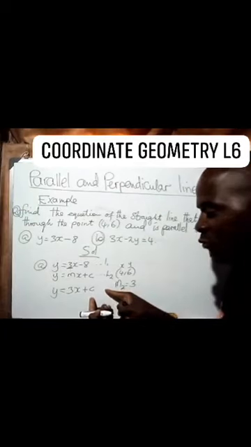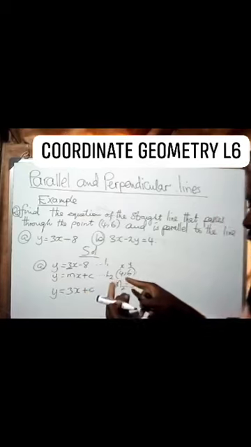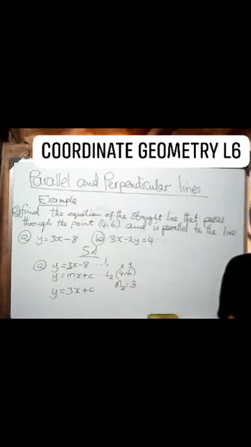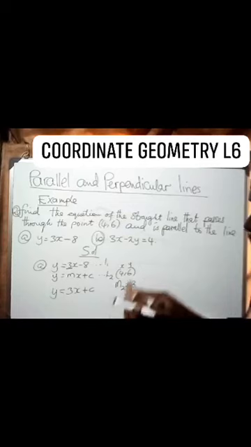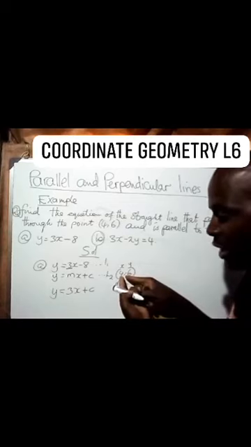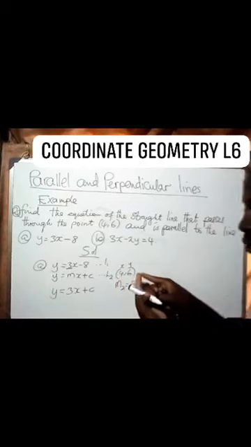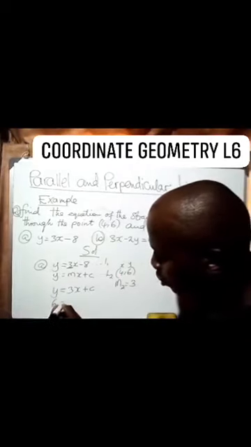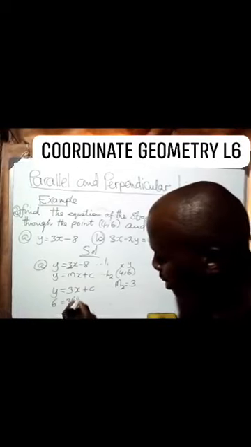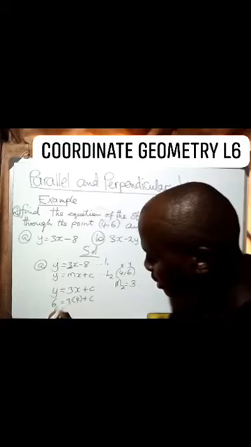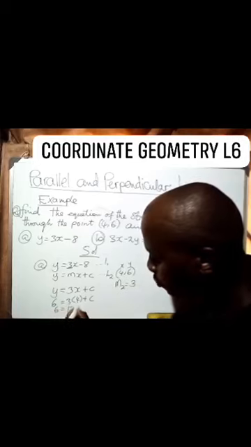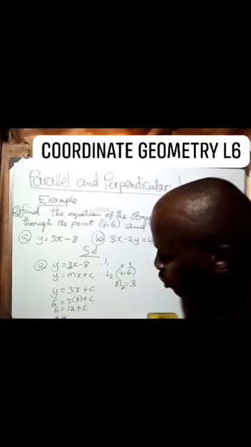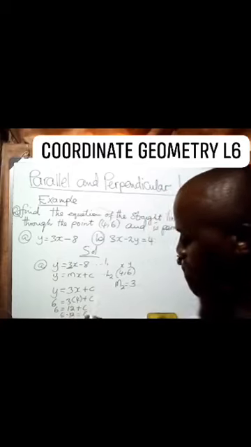Now we need to find the value of c. We can find the value of c by making c the subject of the formula. How? By substituting where there's x with 4, and where there's y with 6. So it will be 6 is equal to 3 open bracket 4, then plus c. So 6 is equal to 12 plus c. So 6 minus 12 is equal to c.